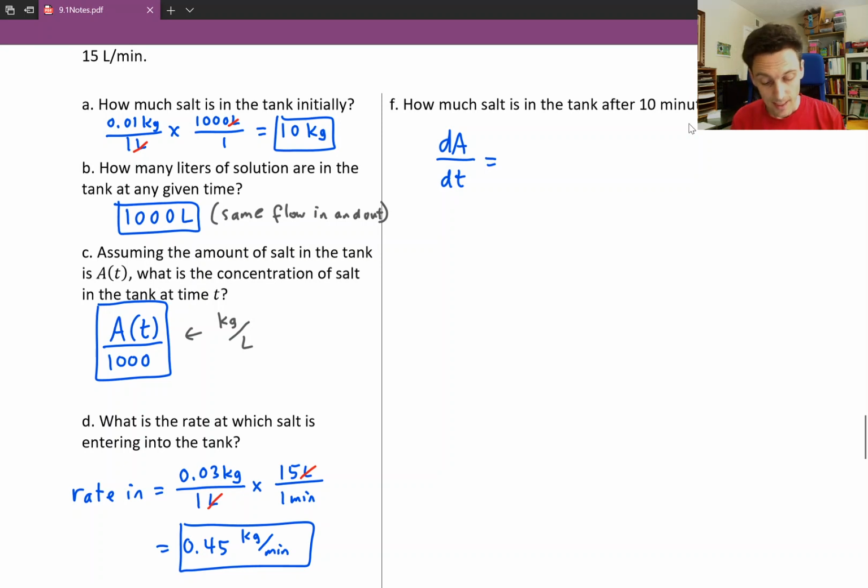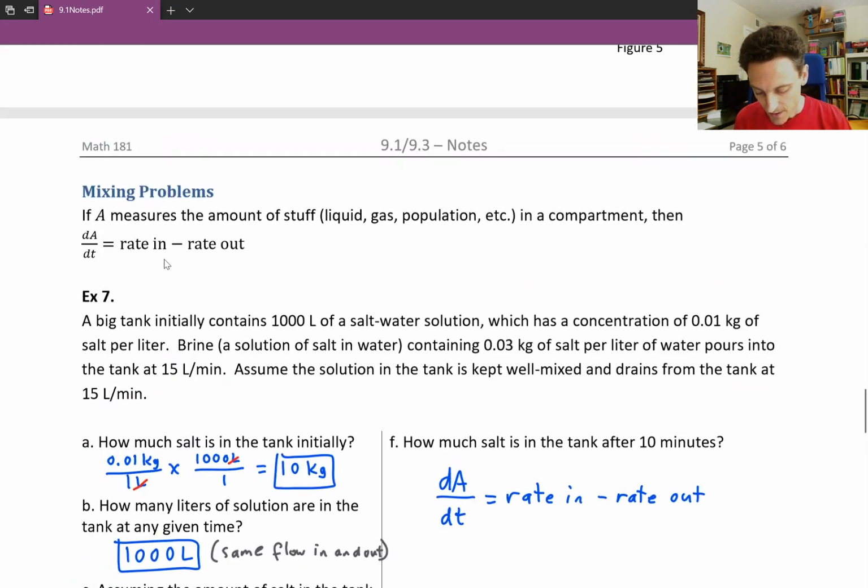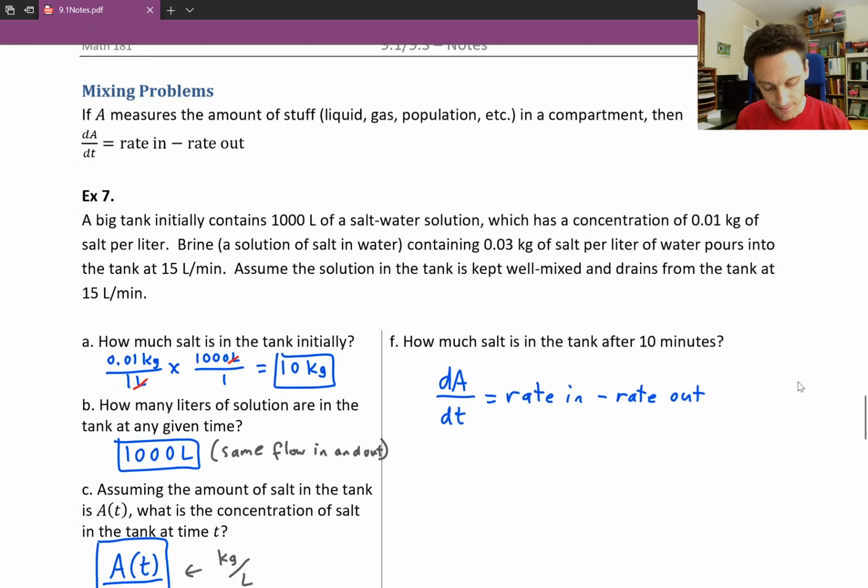So dA/dt, the rate at which the number of kilograms of salt in the tank is changing, is the rate at which salt is entering the tank minus the rate at which salt is leaving the tank. In other words, rate in minus rate out. This is exactly what our differential equation model is going to be for these kinds of mixing problems.